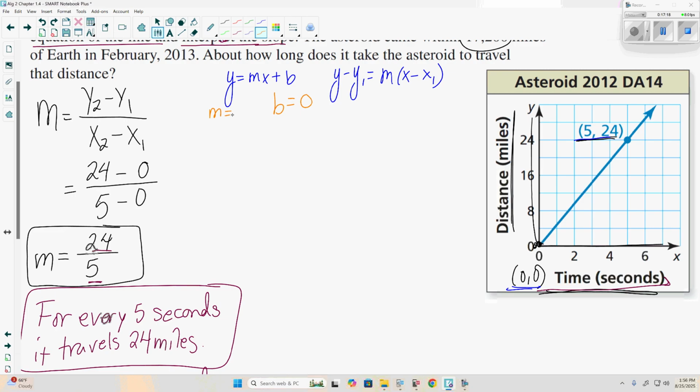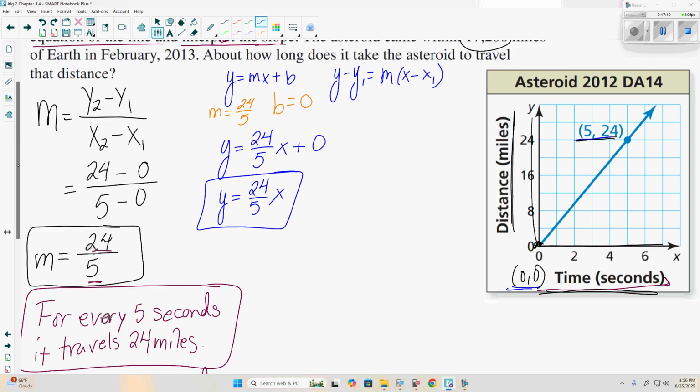And the slope would be 24 over 5. So our equation of a line here would be y equals 24/5 x plus 0. But we can simplify this to y equals 24 over 5 x, because the plus 0 does not add anything to this equation.